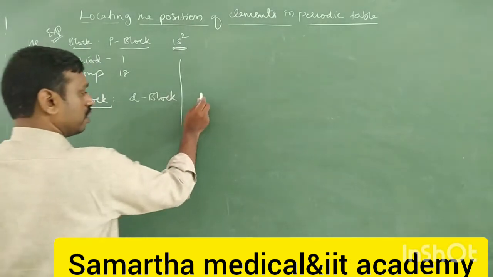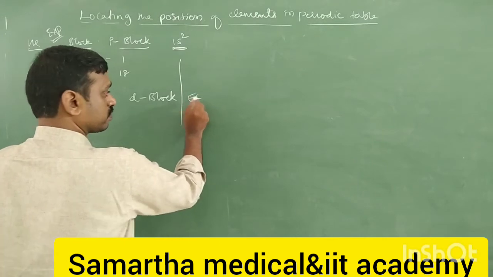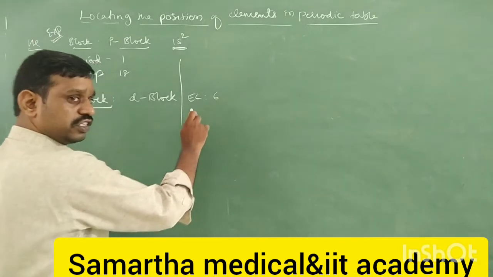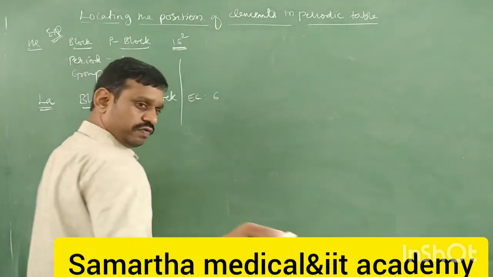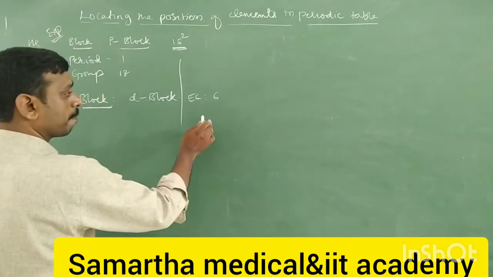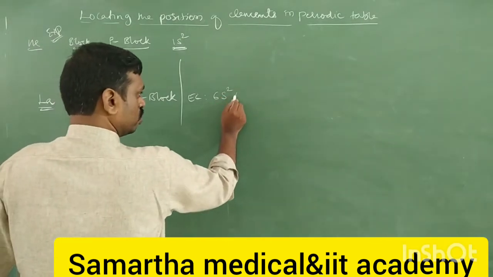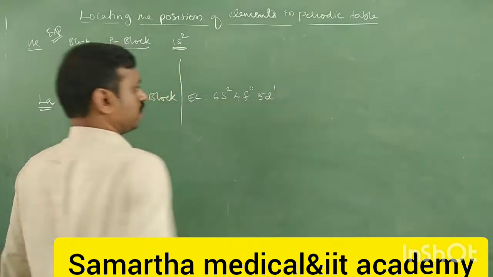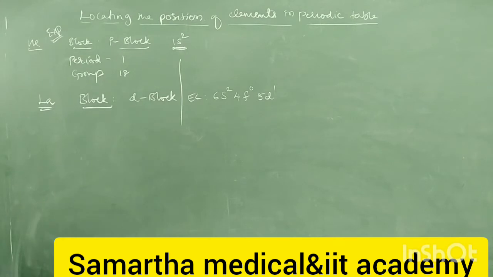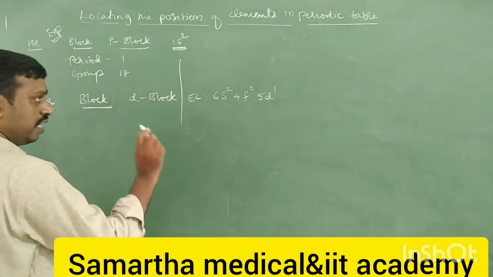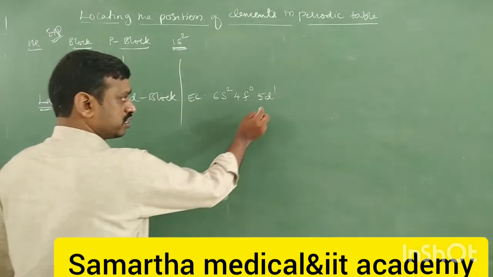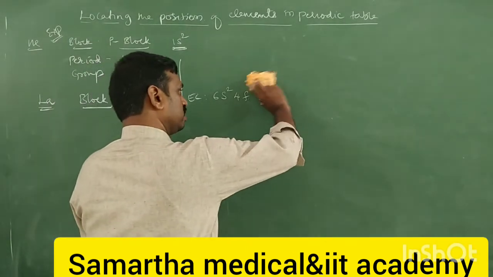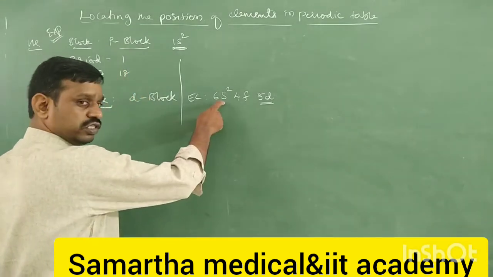Lanthanum electronic configuration: 6s2 4f0 5d1. So this is the electronic configuration of lanthanum. In lanthanum, the differentiating electron enters the d orbital. What happens? The electron first enters 6s2.